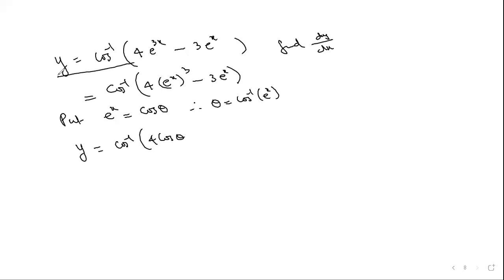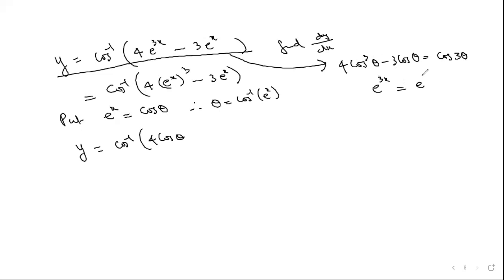So the question is y is equal to cos inverse of 4 e raised to 3x minus 3 e raised to x. The formula that you are identifying here is 4 cos cube theta minus 3 cos theta is cos 3 theta. So e raised to 3x is nothing but e raised to x the whole cube.